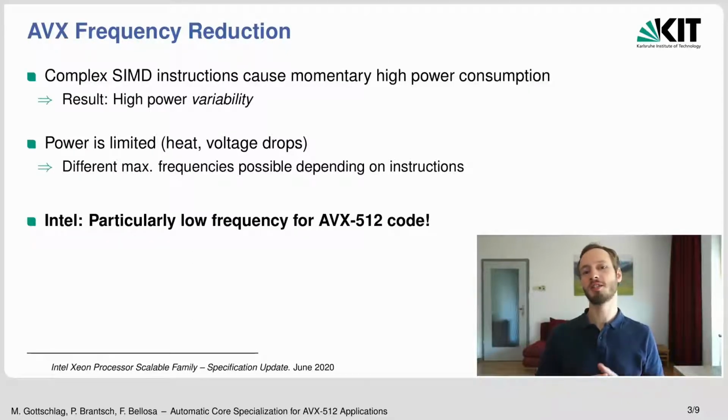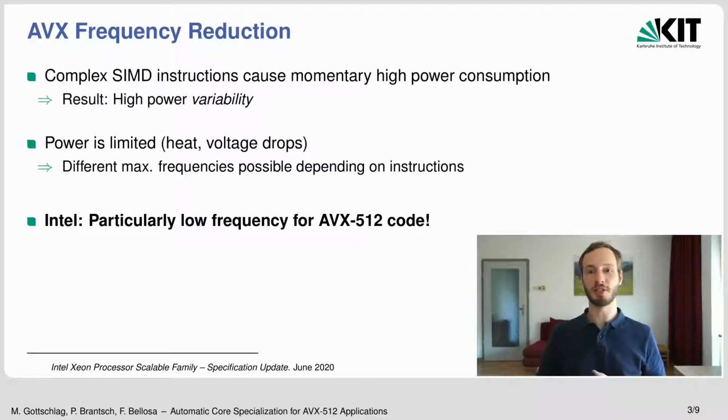The reason for these effects is that AVX 512 instructions operate on those large 512-bit vector registers and therefore consume lots of energy per instruction, whereas in a heterogeneous workload, other parts of the workload may only operate on regular 64-bit registers and therefore consume a lot less energy per instruction, which means that those workloads have a high degree of power variability.